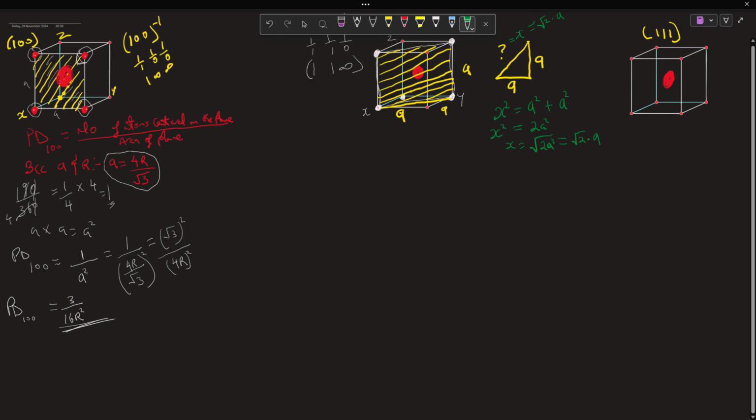So let's go ahead now and solve for our area. We just found the length, so we move forward to find the area of the plane. Now let's look for the number of atoms centered on the plane.